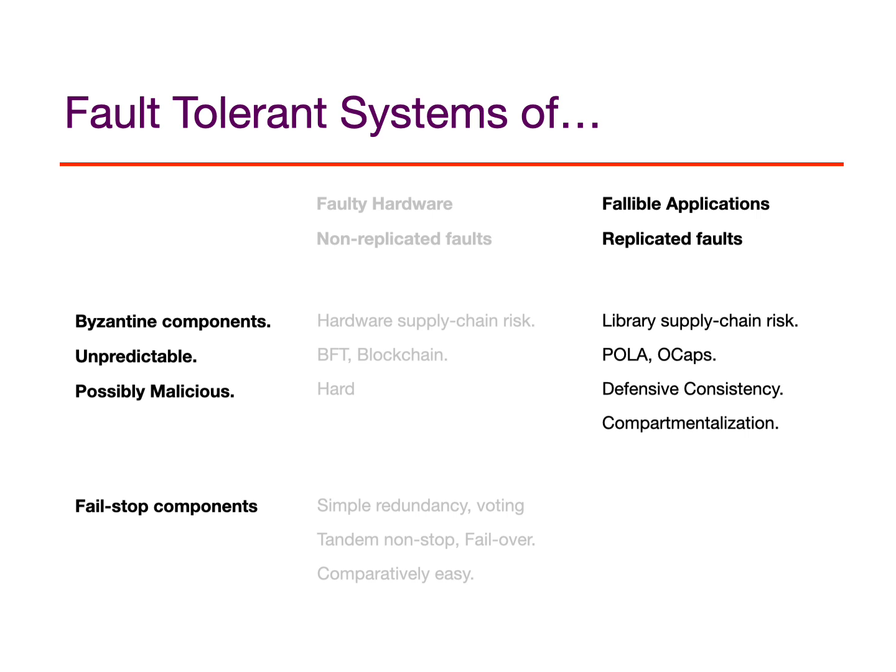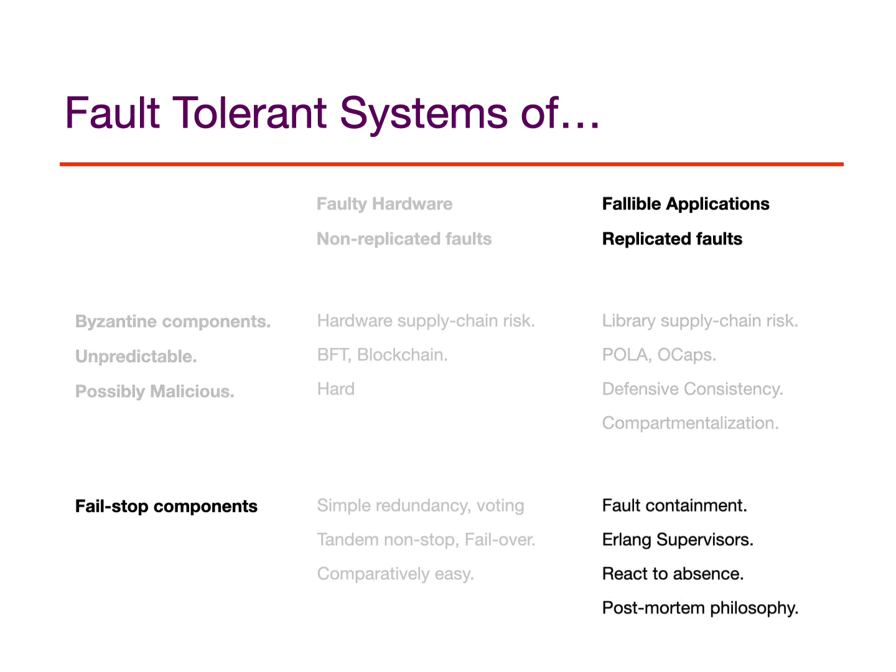But today, what we're raising is this other category of application faults, where the faults are not malicious, and we would like to make the faults into fail-stop faults so that we can do fault containment. And this is what the Erlang philosophy is about with Erlang supervisors.